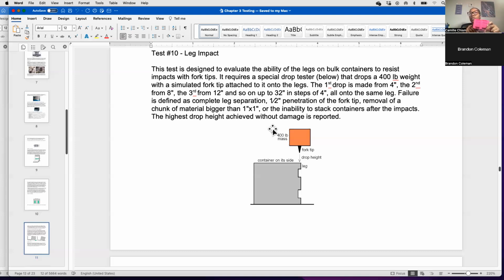Even if it's JIT, they may take it straight to the line, but most likely it's probably going to get staged somewhere to get taken to the line. So every single time it gets picked up and moved by a fork truck is an opportunity for that leg to get damaged.